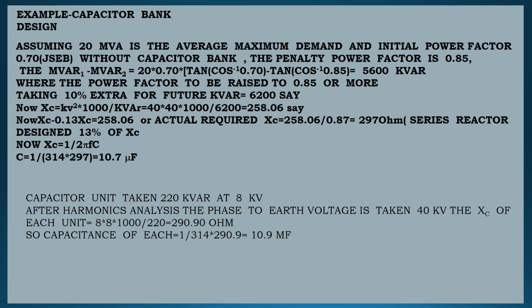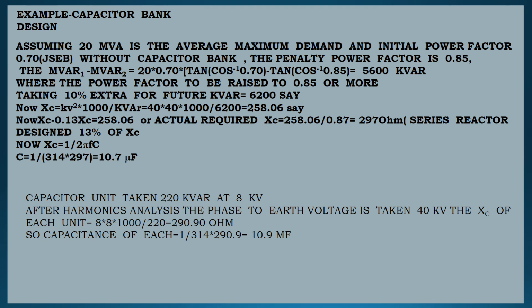Xc minus 0.13 Xc is equal to 258.06. This is the resultant, and the actual required is 297 ohm. Now we know the formula Xc is equal to 1 by 2 pi fC. From there we can easily derive the capacitance value. It is showing 10.7 microfarad.